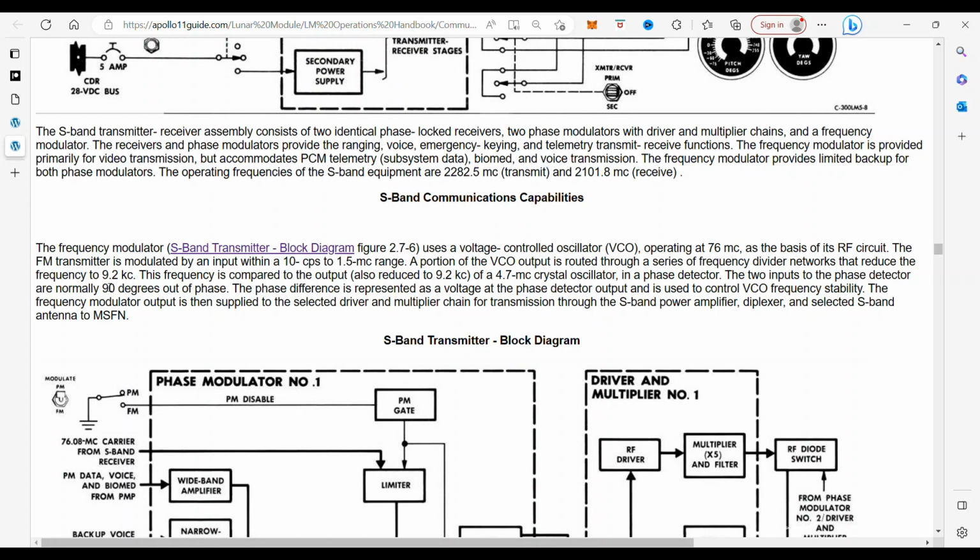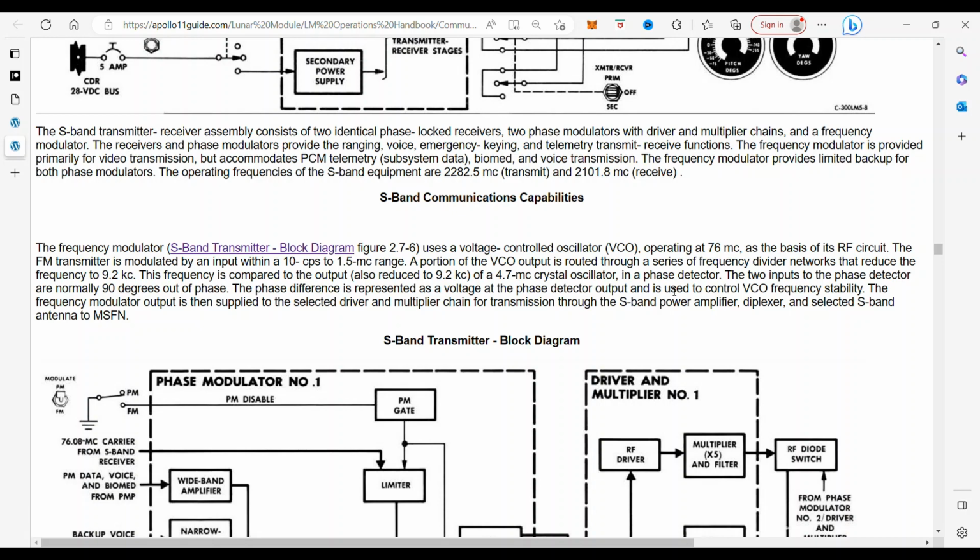This frequency is compared to the output, also reduced to 9.2, of a 4.7 MC crystal oscillator in phase detector.